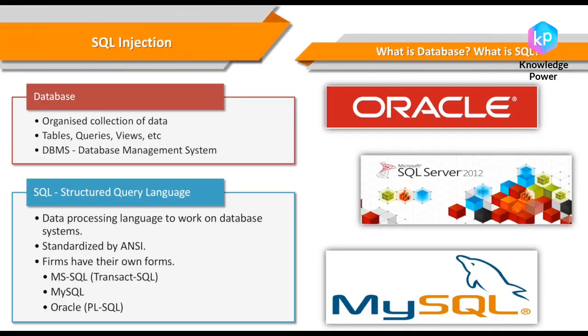To understand SQL injection, we should know basic terms of the database systems first. A database is an organized collection of data. It is a collection of schemas, tables, queries, reports, views, and other objects. A database management system, DBMS, is a computer software application that interacts with end users, other applications, and the database itself to capture and analyze data.